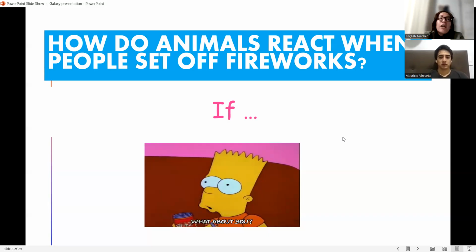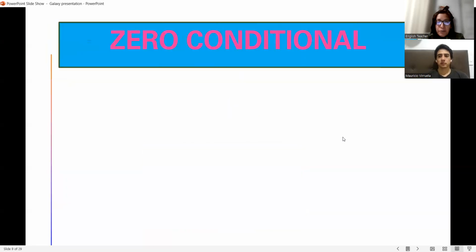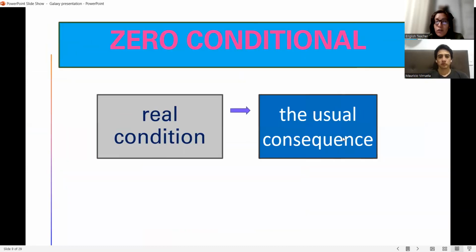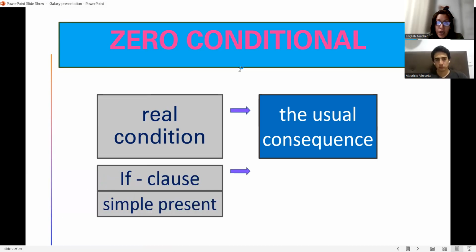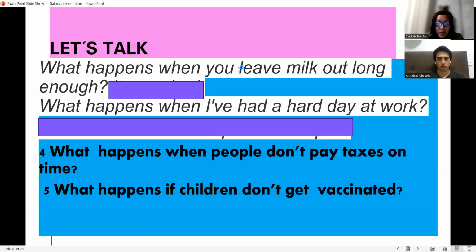For example, you can say, if it's very early in the morning, I drink coffee. Teacher, if it's early in the morning, I drink orange juice. So everyone has their own habits and rules. So remember that the zero conditional is a real condition that has a consequence, and we always use present.